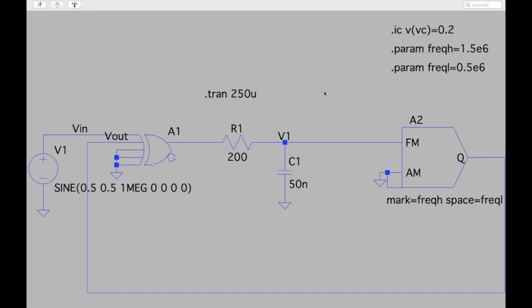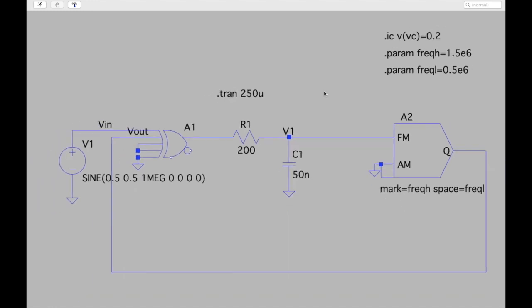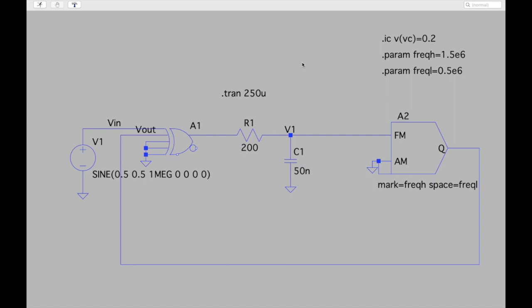This is my simulation test bench for a type 1 PLL. It is called a type 1 PLL for a reason that we will see eventually when we discuss the loop dynamics. I have an XOR here, which we saw last time, and I have used an RC filter of 200 ohms and 50 nanofarad capacitance, and this is the VCO that we saw in the last lecture.